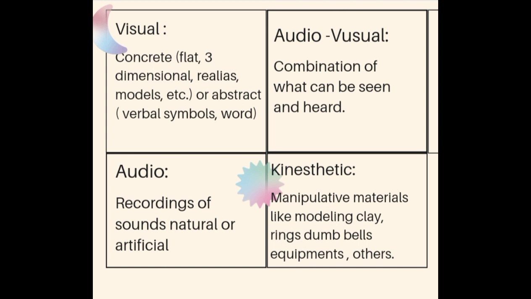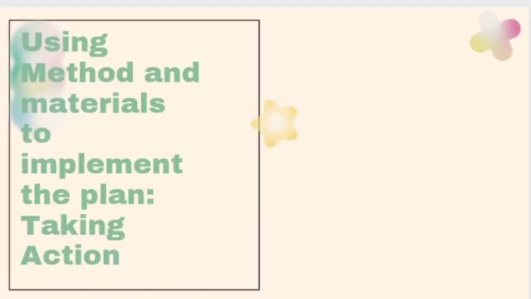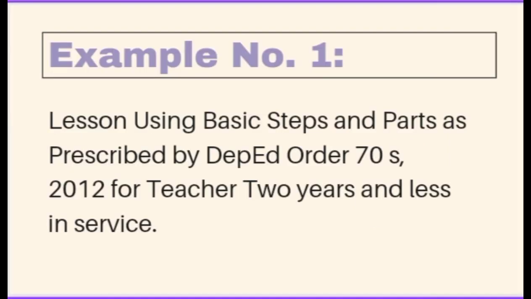Audiovisual: combination of what can be seen and heard. Kinesthetic: manipulative materials like modeling clay, rings, dumbbells, equipment, and others. Experiential: utilize all modalities, using methods and materials to implement the plan, taking action.